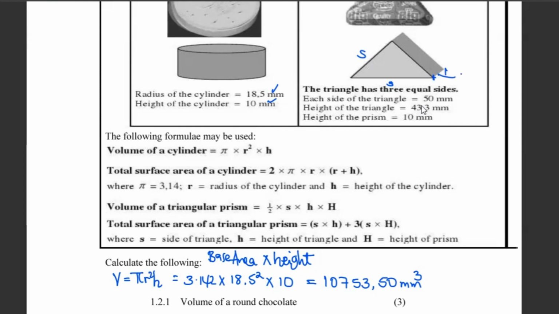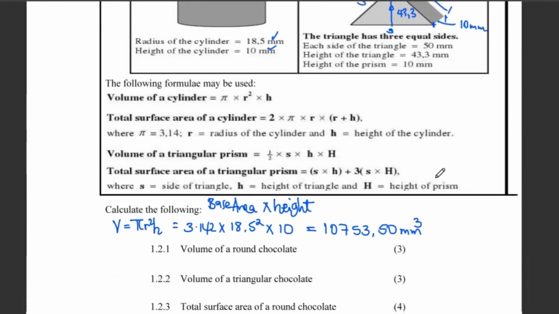Height of the prism is 10 millimeters. Then we have also the height of the triangle, which is 43,3. The sides, they're telling us how big they are. It's 50 millimeters. Everything is in millimeters, which is okay.